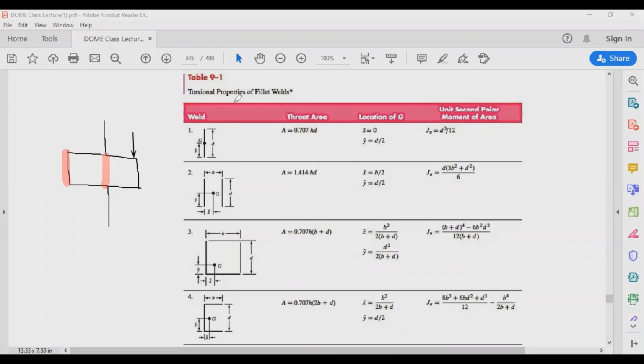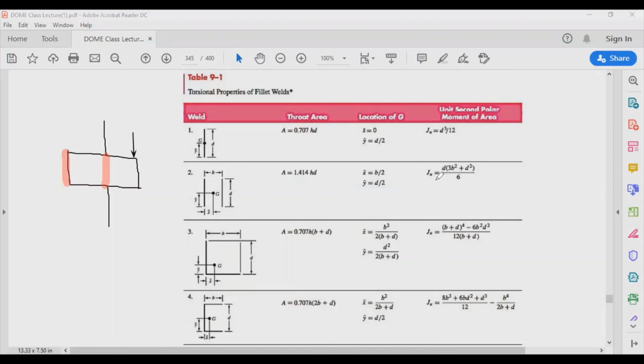Now, if you are trying to calculate the secondary shearing, obviously you need to get JU, and JU is going to be provided to you directly here. D is going to be that distance, and B is the distance between these 2 welds, and that's it.